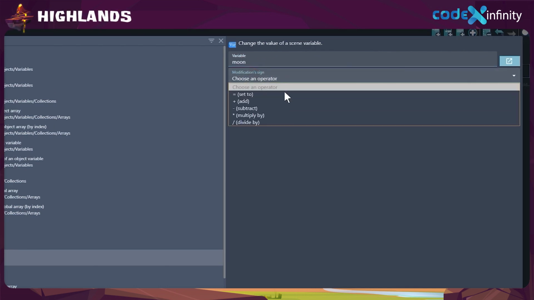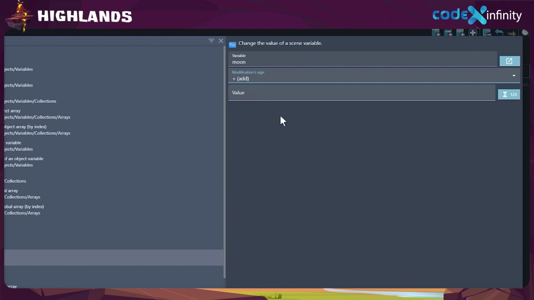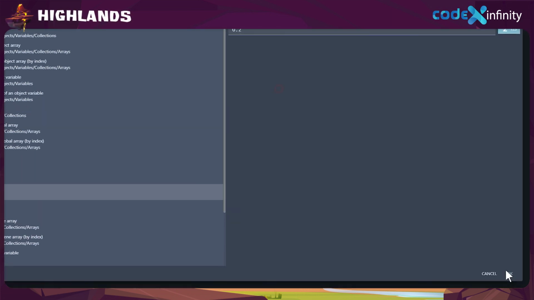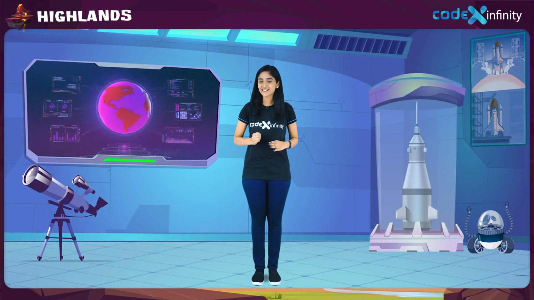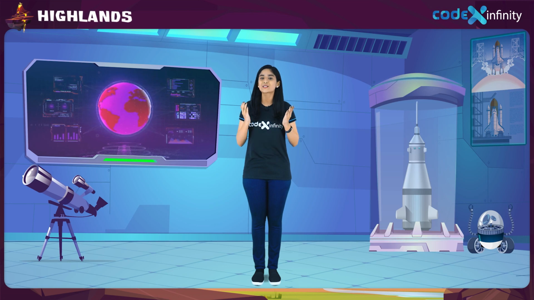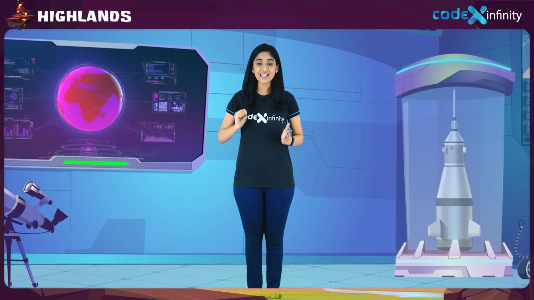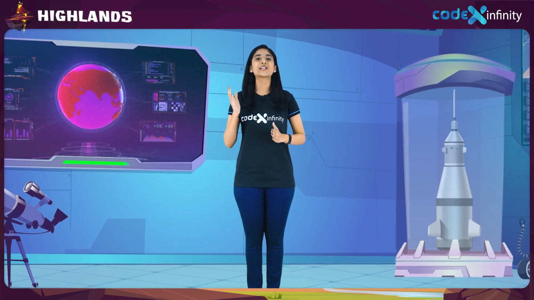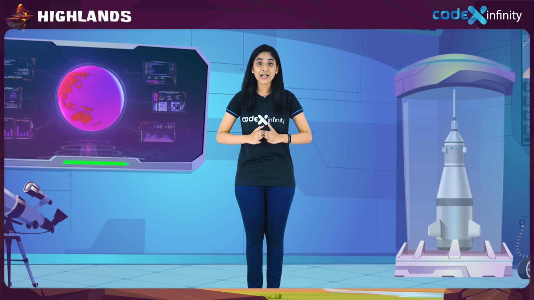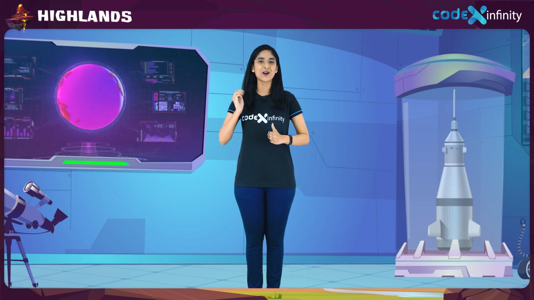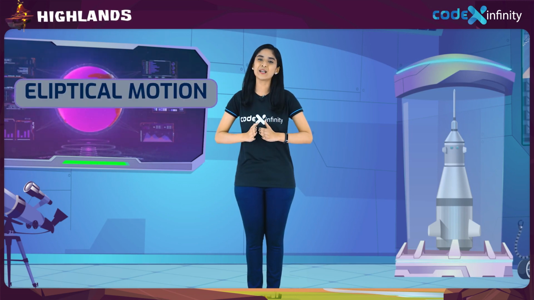Choose the operator Add and type its value 0.2. Then click OK to confirm. Do you remember, dear? Initially, we set the value of the scene variable to 1, right? Now when the code runs, the value of the scene variable increases by 0.2 and also the angle of movement increases by 0.2, so that we get elliptical motion.